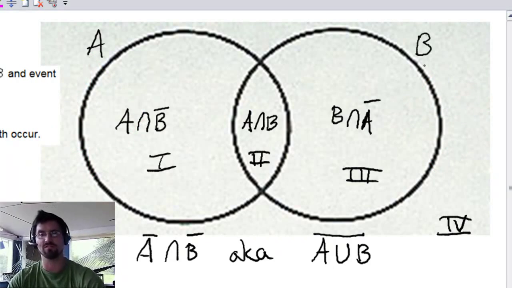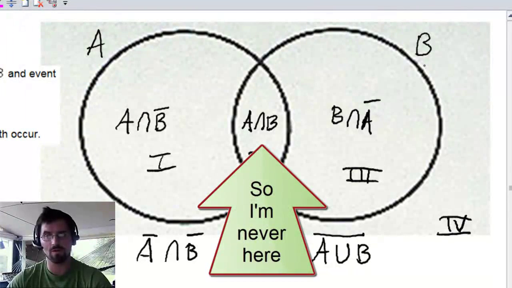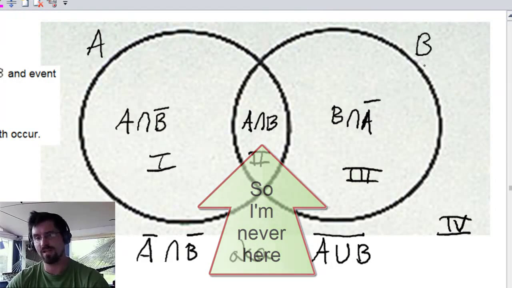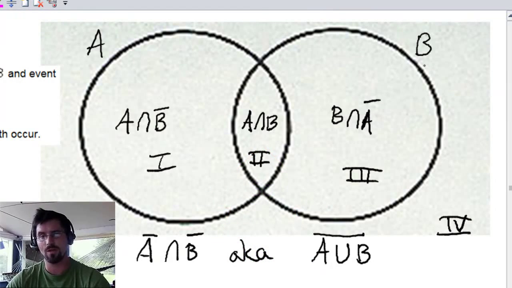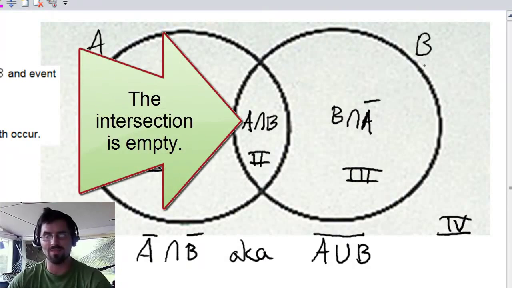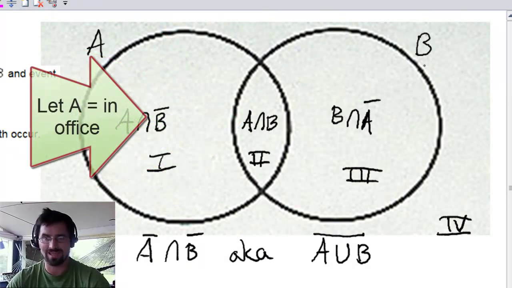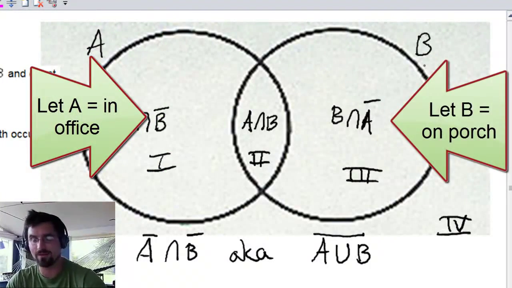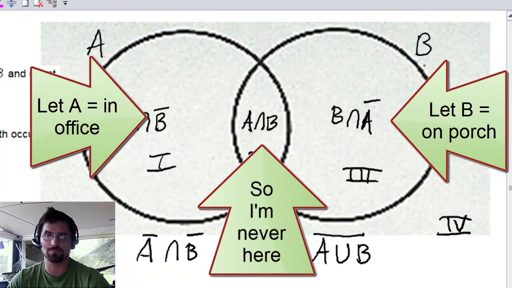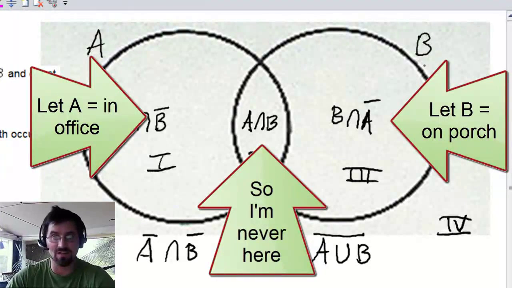I can't be in both places at the same time. So when two events are mutually exclusive, you can't be in the overlap. I can't be in my office and here on my porch. So there is no overlap.